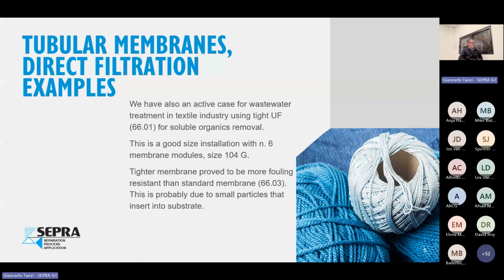Here we have been forced to switch to a tighter PVDF membrane, the 66.01 tight UF, because of flow stability. Probably the fouling that we experienced in the standard membrane was related to the size of particles that tended to stick inside the pores of the membrane, inside the support. And this is a topic that introduces the following topic that I'm discussing.